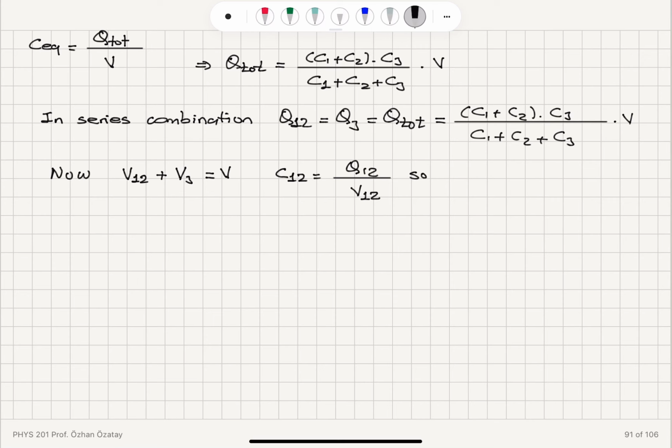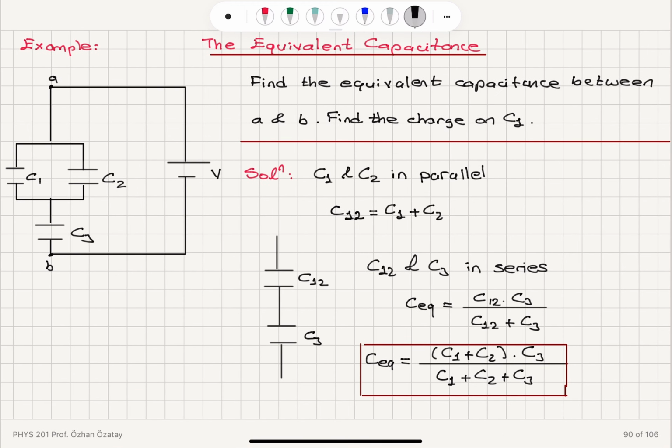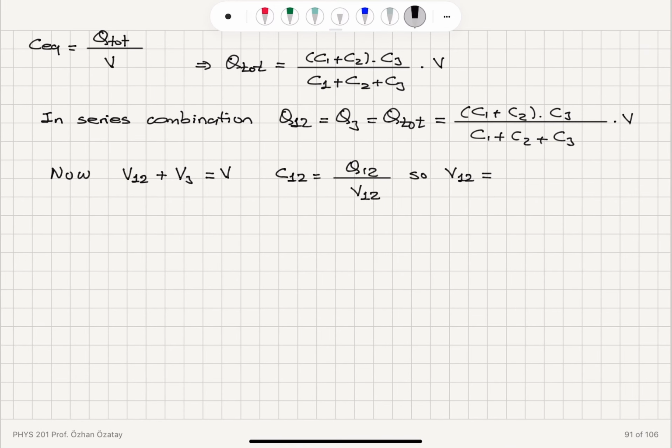So V12, the potential difference between the terminals of C12, will be equal to Q12 divided by C12.